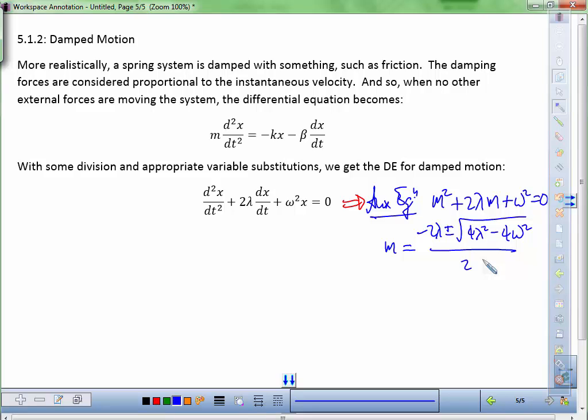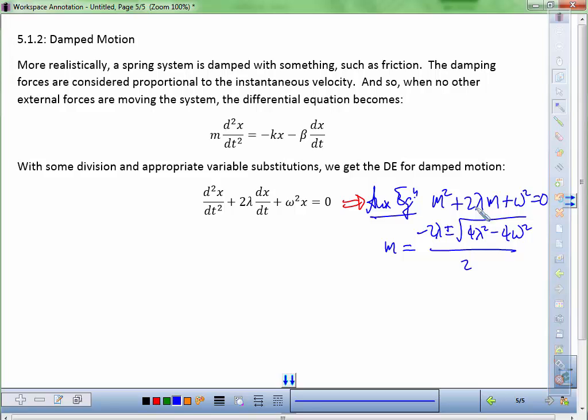And then we come to these generic roots where we have the discriminant, and depending on what the discriminant is, that's going to dictate how our solutions are going to look.